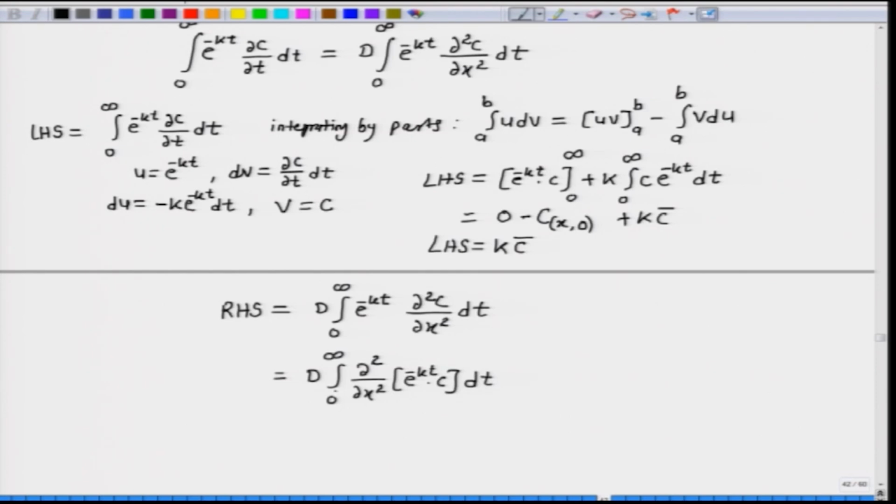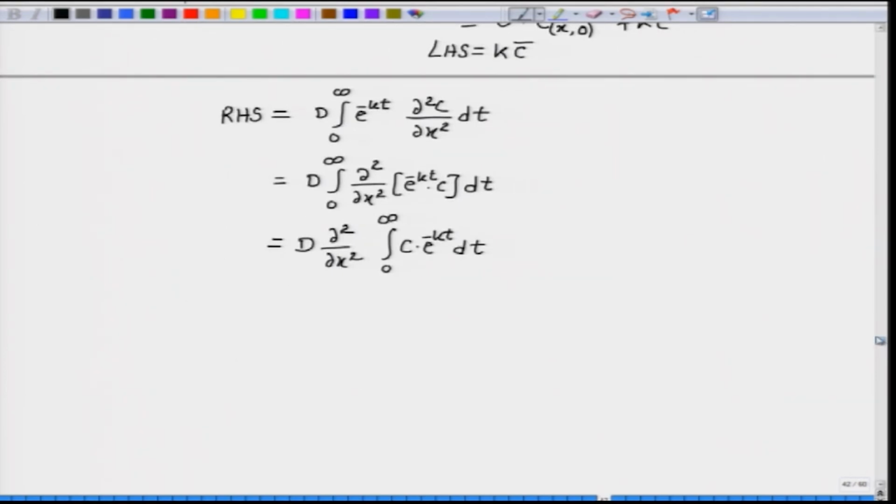And next we can change the order of integral and differentiation. So, this becomes dou 2 by dou x2 of integral 0 to infinity c times e to power minus k t dt. Again we encounter the integral for Laplace transform of c, which we denote as c bar. So, dou 2 c bar by dou x2.